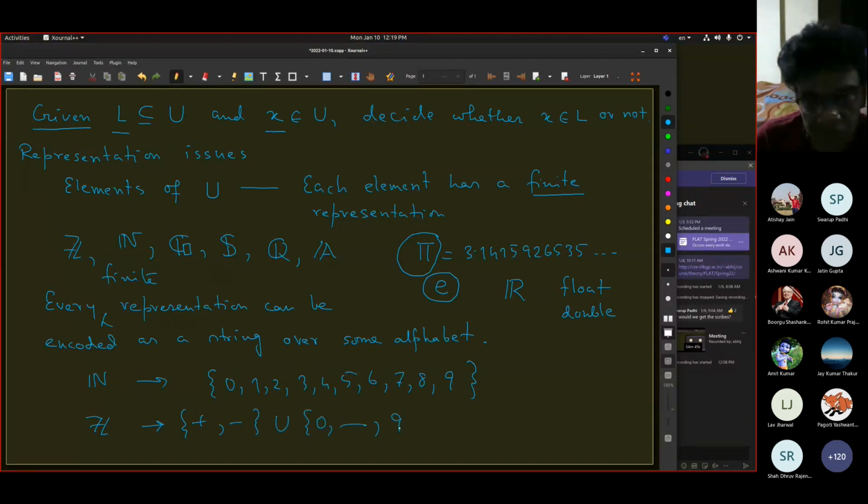Elements of Q, rational numbers, can be represented by adding a new symbol, slash, something like that. Or they can be represented as a pair.